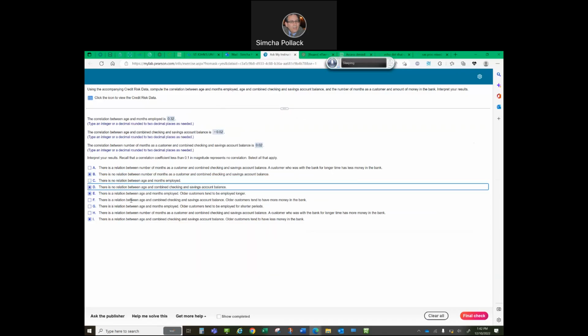There is a relation between age and combined checking and savings. That's not true because it says it's positive 0.02, which is less than 0.1. There is a relation between age and months employed.